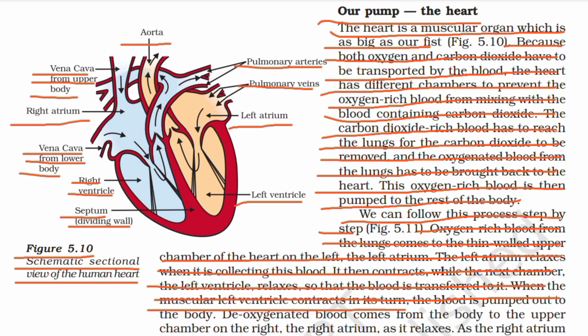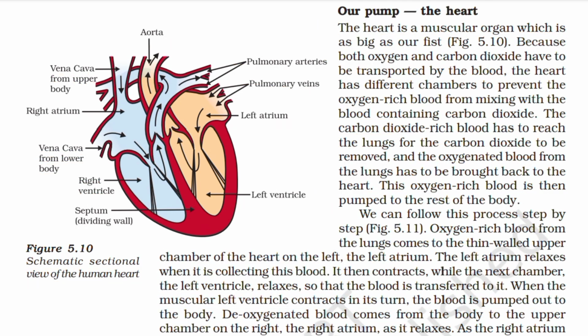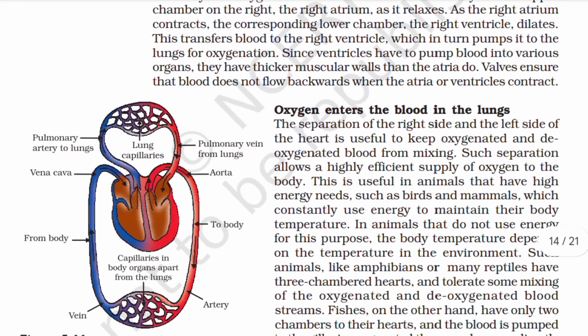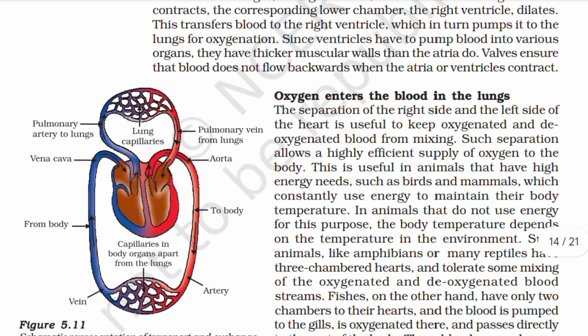Deoxygenated blood comes from the body to the upper chamber on the right, the right atrium, as it relaxes. As the right atrium contracts, the corresponding lower chamber, the right ventricle, dilates.